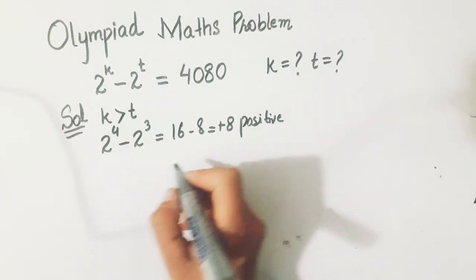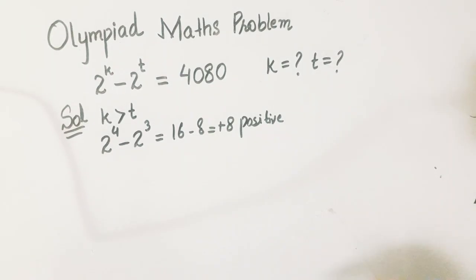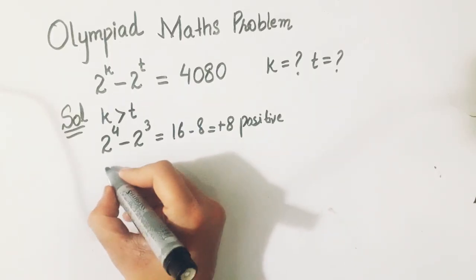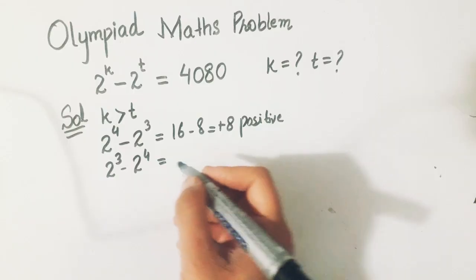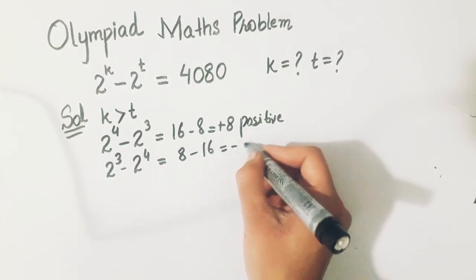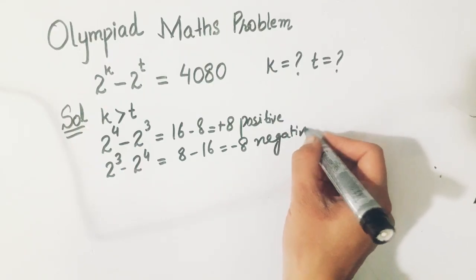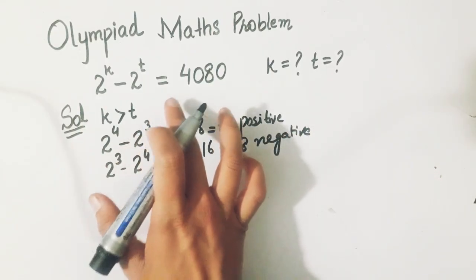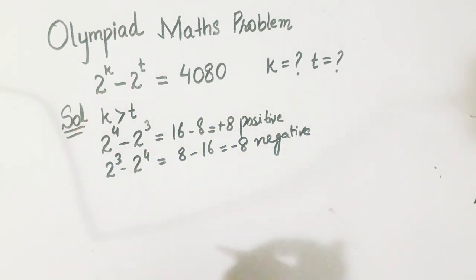But if we consider 2 raised to power 3 minus 2 raised to power 4, this equals 8 minus 16, that equals minus 8, negative. So for a positive answer, we will consider that k should be greater than t.